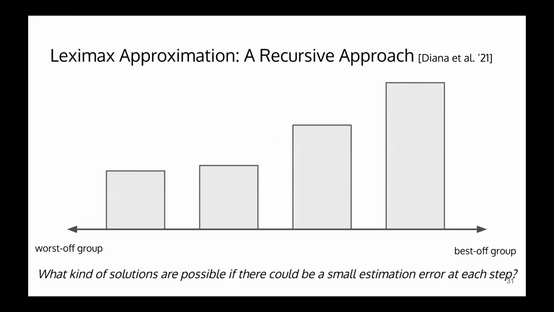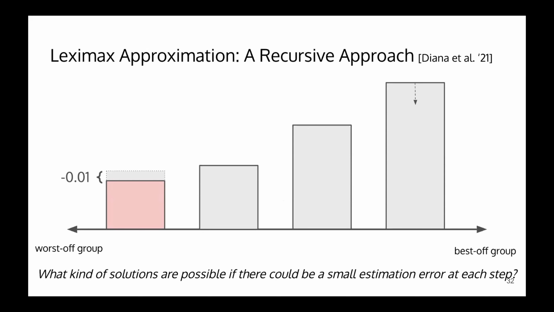And so one really promising notion from previous work, I think by some authors attending here, is this idea of a recursive approach. So prior work focused on this learning problem of looking at errors for a classifier. And they consider a set of possible hypotheses with different errors for each group and reduce the set to be approximately Leximax. And so the question you can answer is, what kinds of solutions are possible if there's a small estimation error at each step?